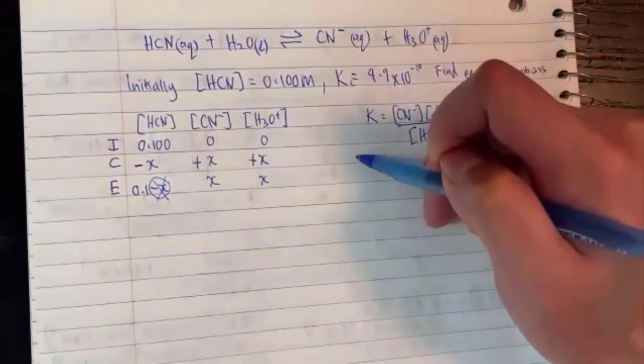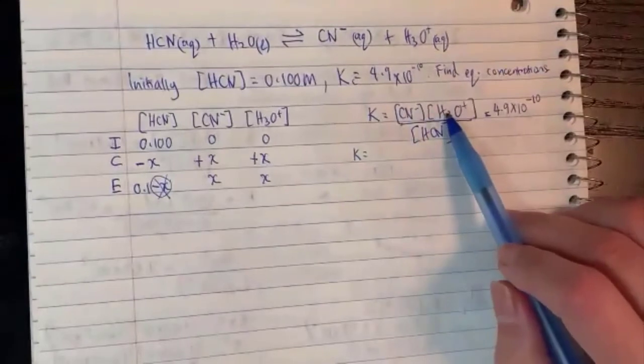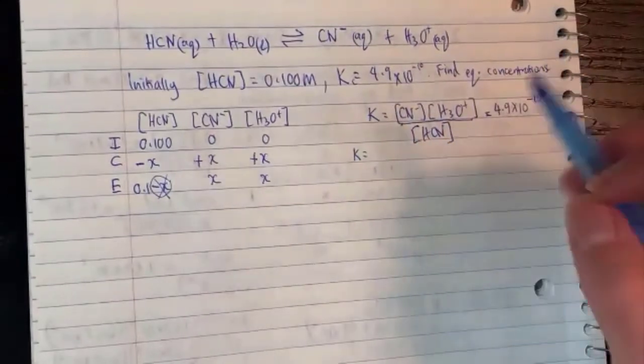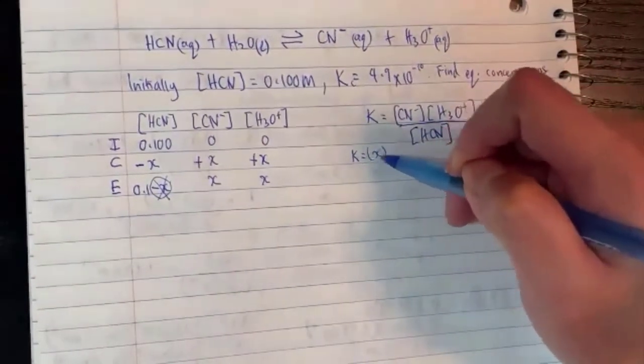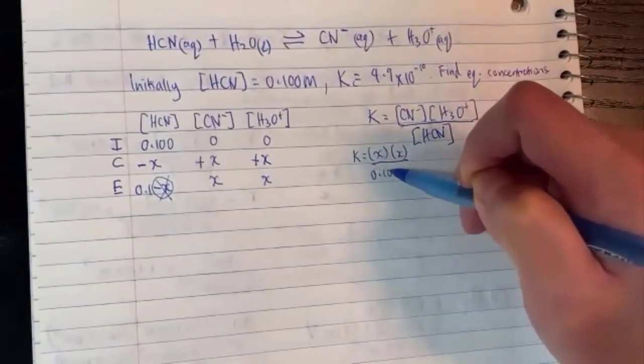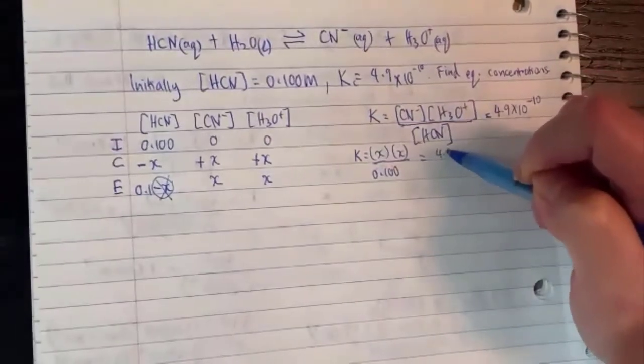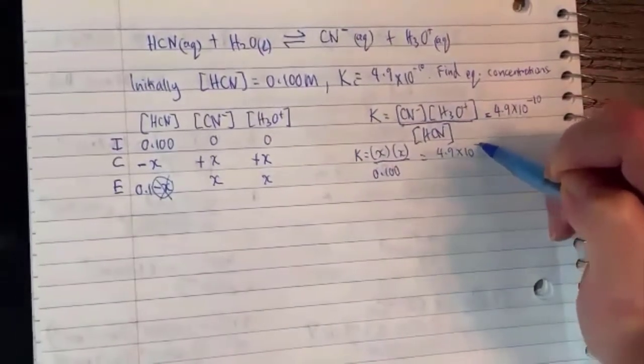So K here, I'm going to rewrite it. That means it's x times x over 0.1, and that equals 4.9 times 10 to the minus 10.